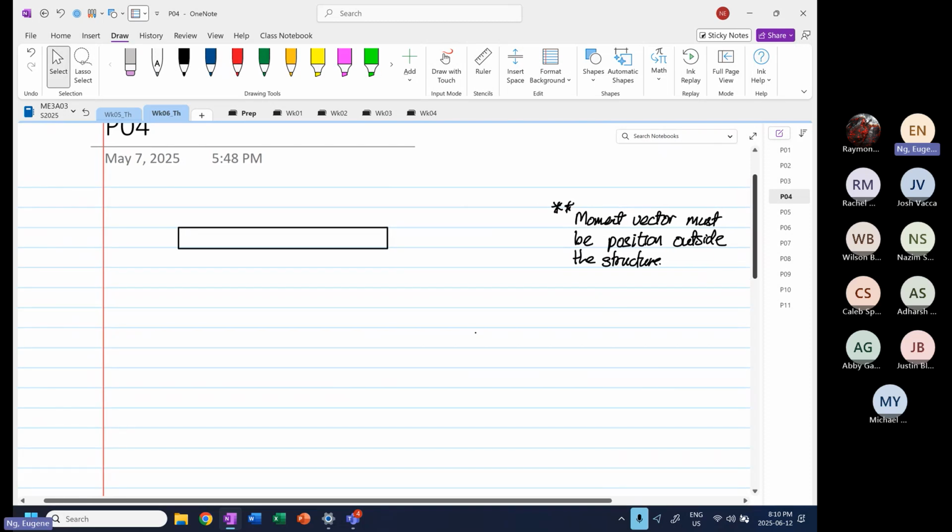What do I mean by that? Watch this. So now it is normal using the right hand rule that this is x, this is y, and this is rotation about z. If we were to use this point over here, moment about z, you can do moment about z like this.